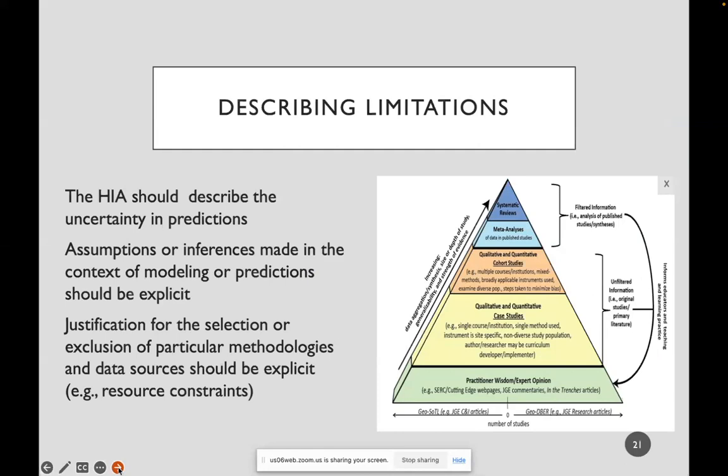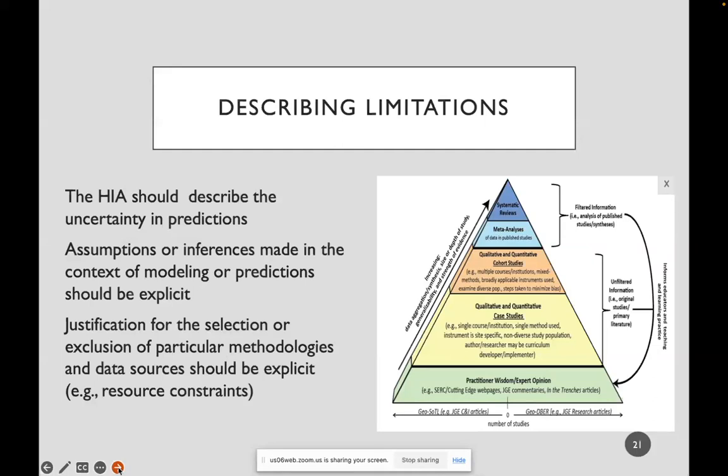You want to make sure, and this is so important in the assessment phase, that you are describing your limitations, right? You should always describe the uncertainty in your predictions, whether that uncertainty stems from not having enough qualitative or quantitative case studies, or not having enough of what we call in public health the preponderance of the evidence, and I'm using air quotes, that really says, there are 18 double-blind studies that found this, and so we know this to be true.